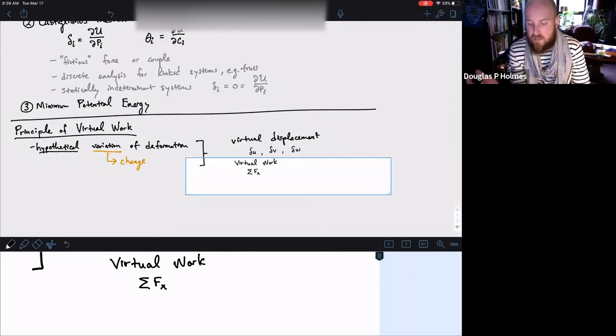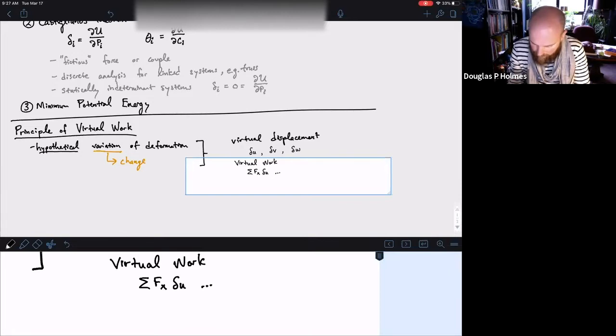What you're trying to consider is you can only vary the displacement. So the virtual work would be the sum of the forces in the x direction times the variation in the displacement in the x direction. And so here you see it's the sum of F x times delta u.